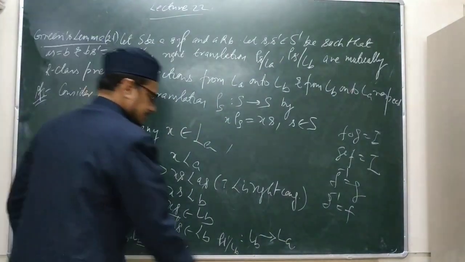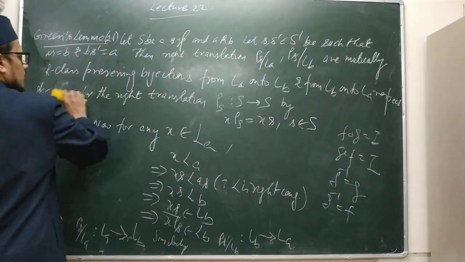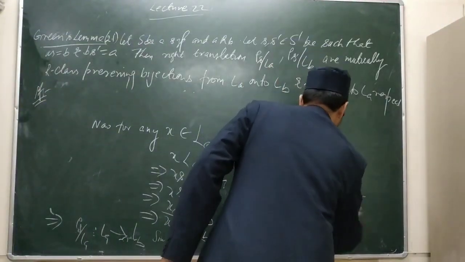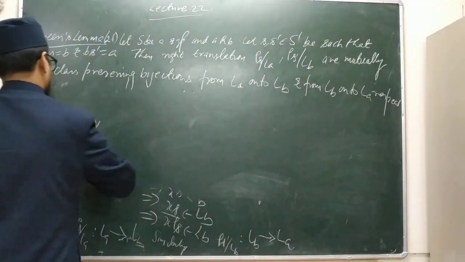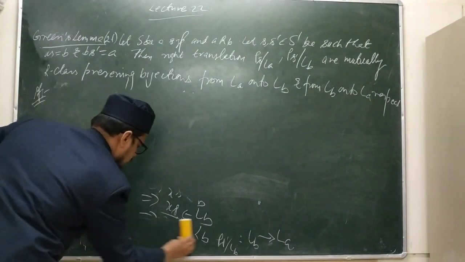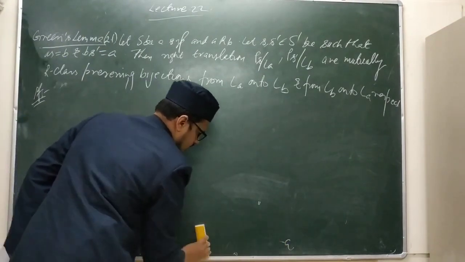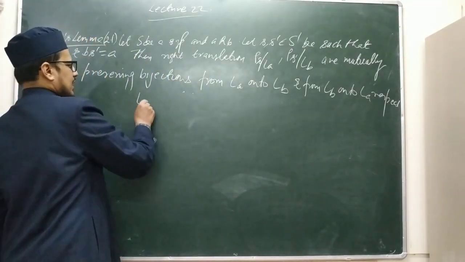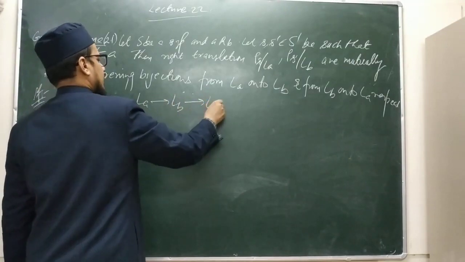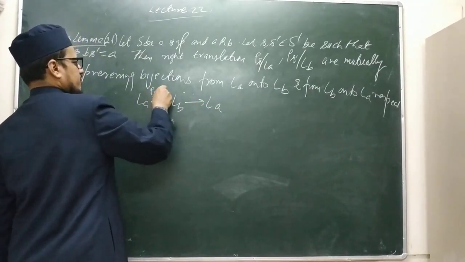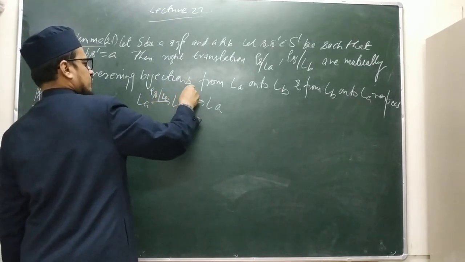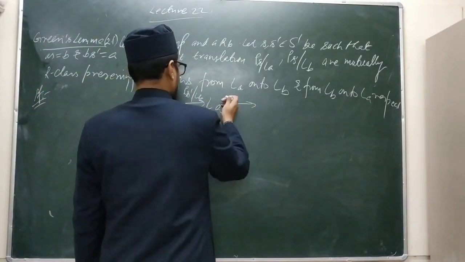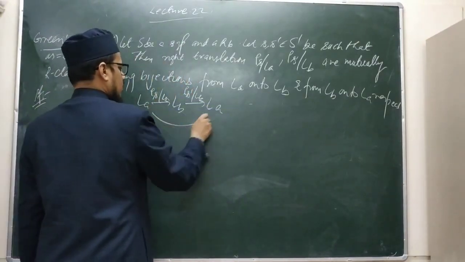So now you see, what we have to do. Basically we have L A onto L B, and L B onto L A. We have a mapping rho s from L A onto L B, and here it is rho s dash by L B. So what is this map?